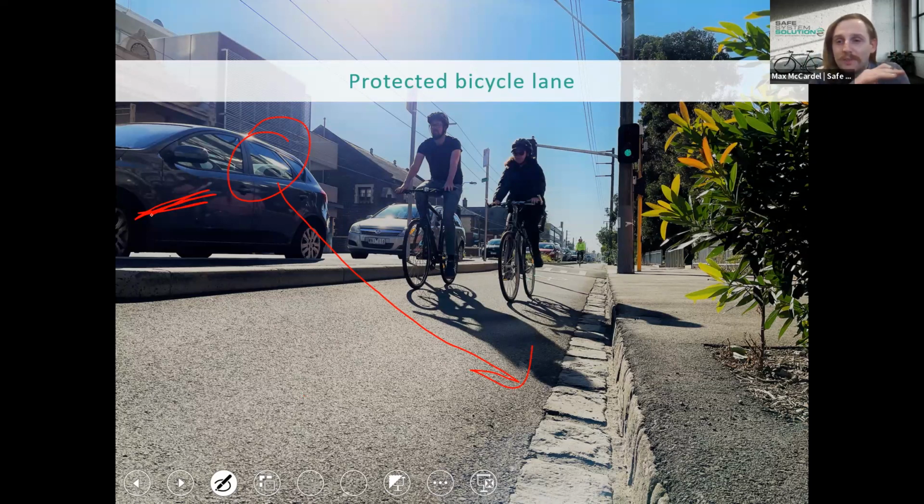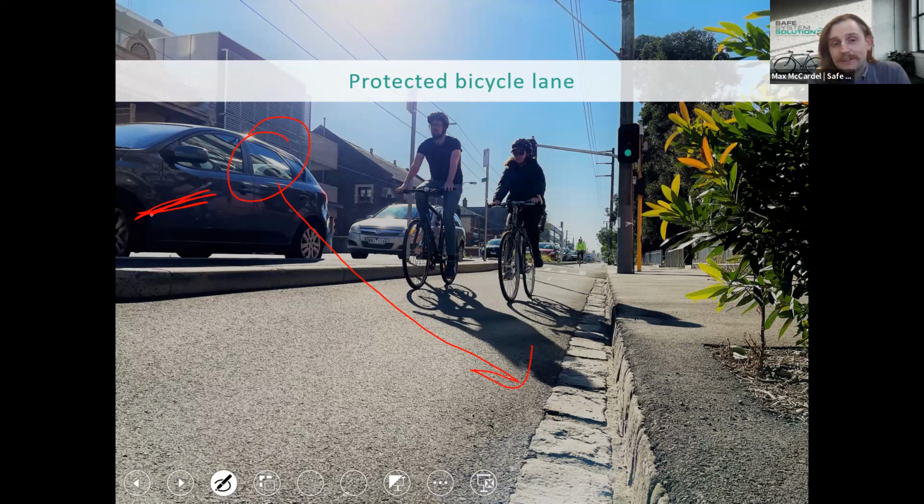And the issue with that is you've got cyclists within the dooring zone. So when the driver opens their door, that's where the bicycle lane is in traditional setups. And also you've got cyclists riding adjacent to a live traffic lane.